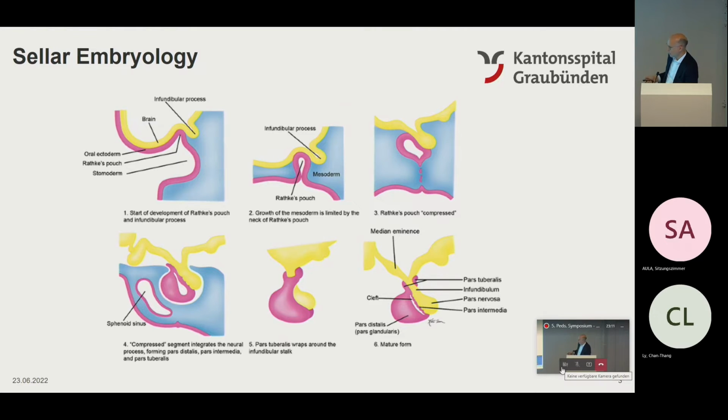The pars tuberalis is around the neurohypophysis. There is a pars distalis and the intermediate part between the neurohypophysis and the pars distalis. This is the cleft, which we heard about in the talk before. The Rathke cleft cyst may develop from this point.